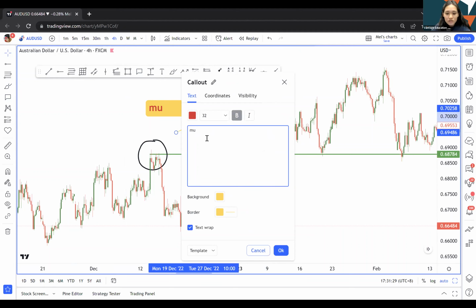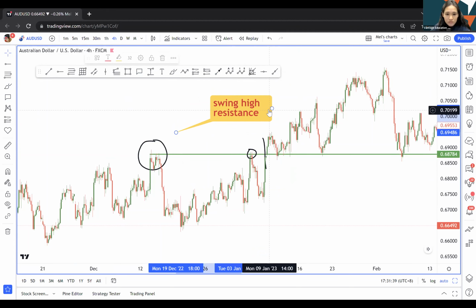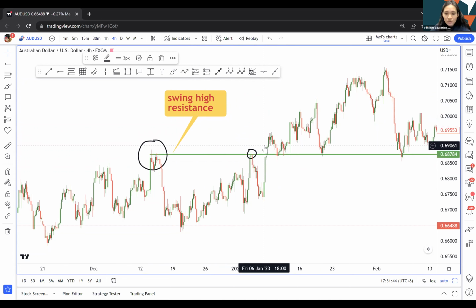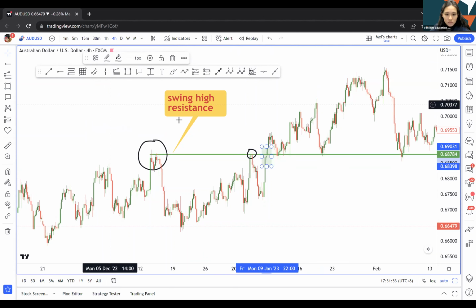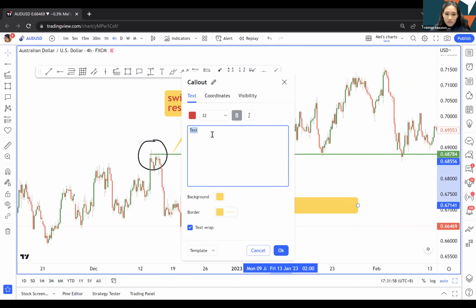So we have a swing high resistance here. Once price passes through this area, right, once it passes here, we now call this a pullback support.